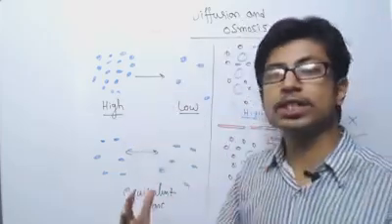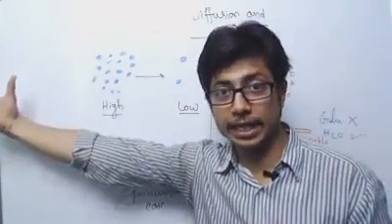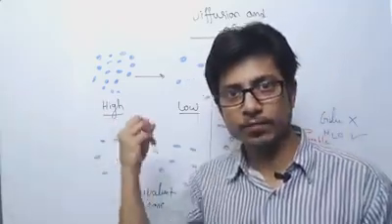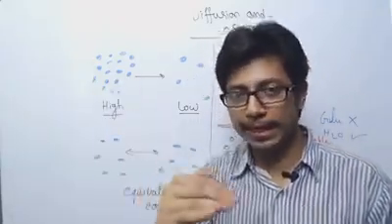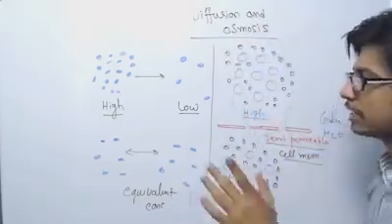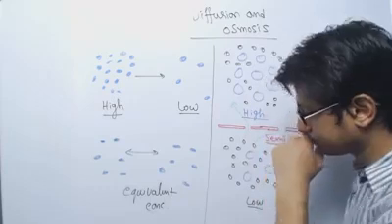So if the oxygen concentration is higher outside the cell and low inside the cell, it will take the oxygen from high to low through the membrane. It will not involve any sort of osmosis, only diffusion, and that's how the cell gets oxygen.